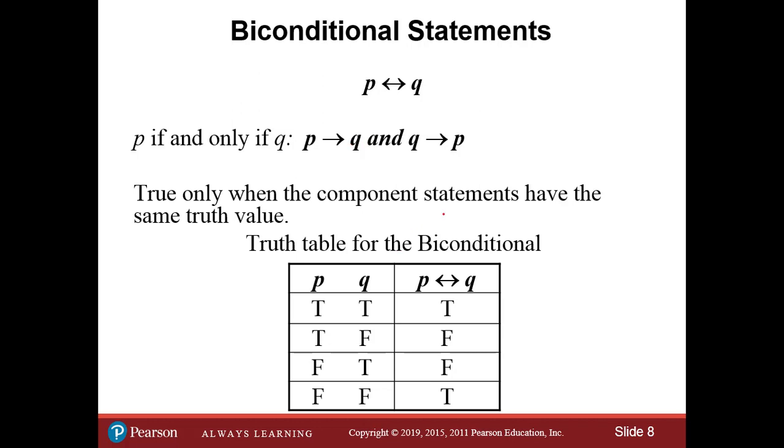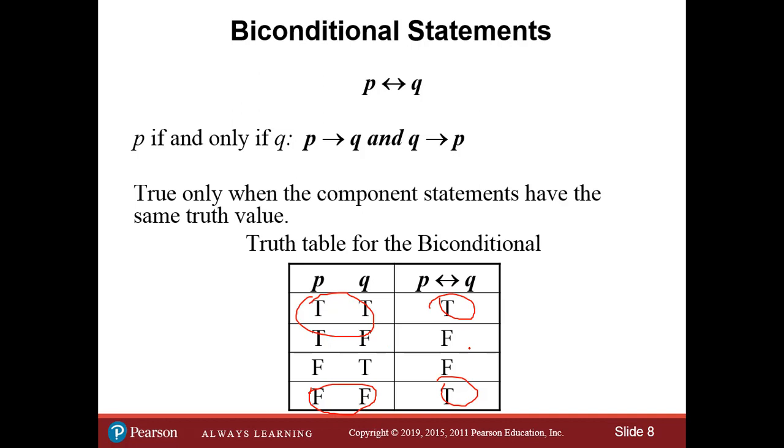So now if we want to do a biconditional, one way to think about it is, well, remember, the biconditional is true when both the simple statements that are connected by the double arrow have the same truth value. Otherwise, it's false. So that means this is going to be true, and this is going to be true because they have the same truth value. And true, and true.